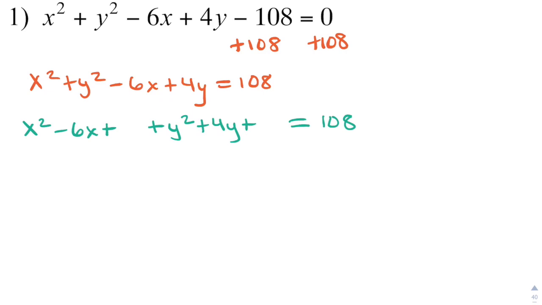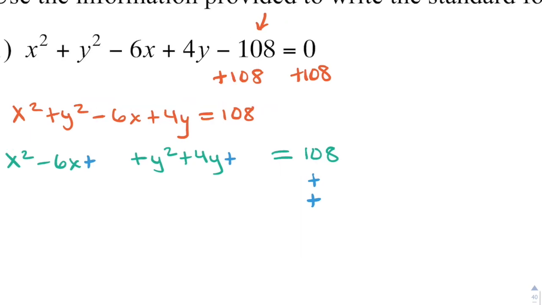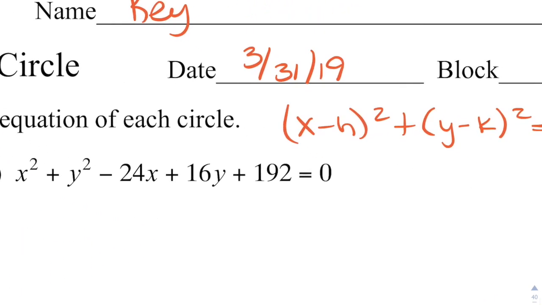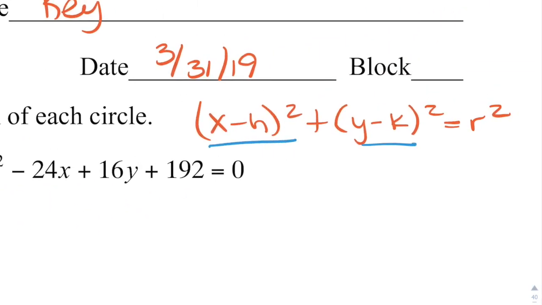But whatever you add to your x's and y's, let me change the color, you will also add to the other side as well, because you can't just add to one side without adding to the other. I'm going to make this first set of x's look like this. I'm going to make my set of y's look like this, and I'm going to show you how right now.